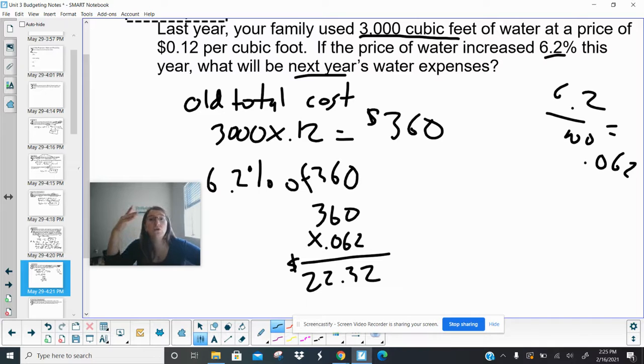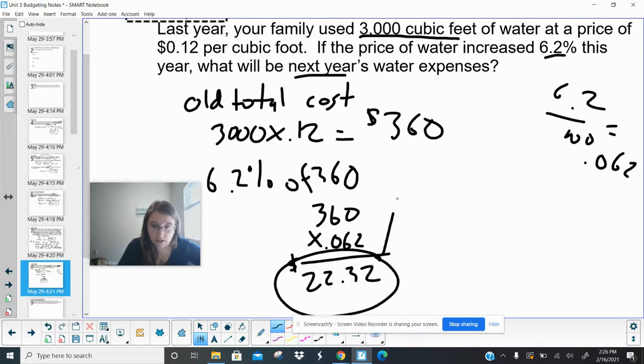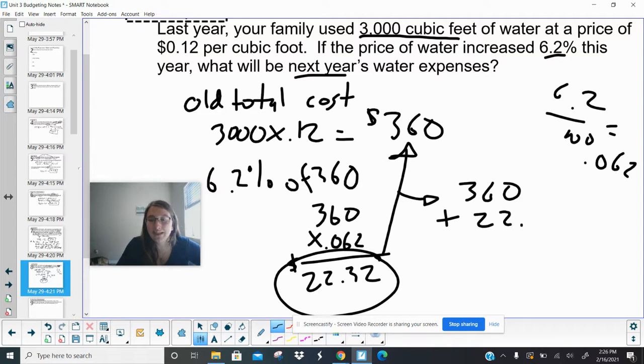So to find the new price, we just need to increase it, right? This is how much this price goes up by. So we should add these together. So this is how you're going to do any problems that talk about a percentage increase.